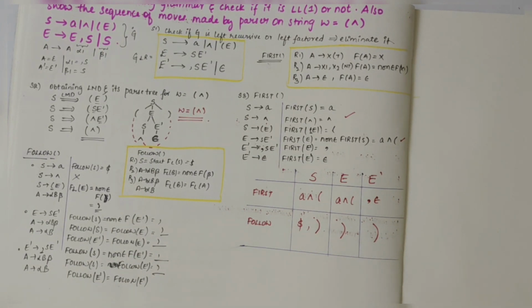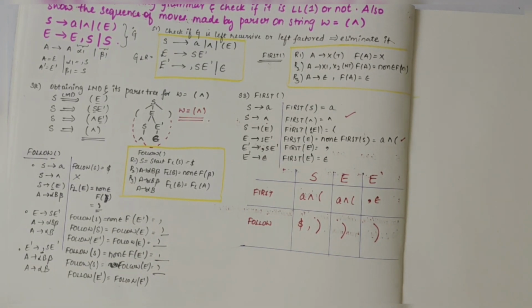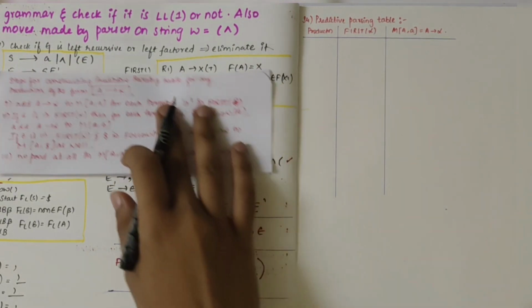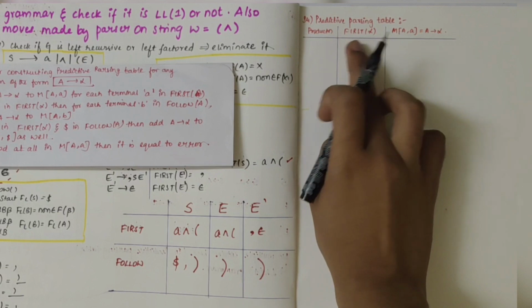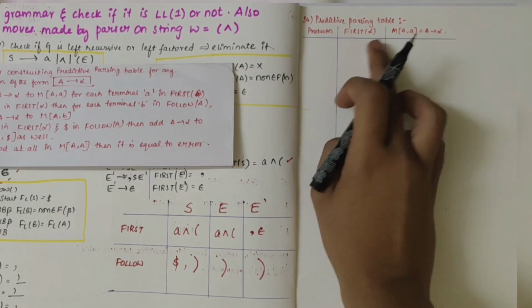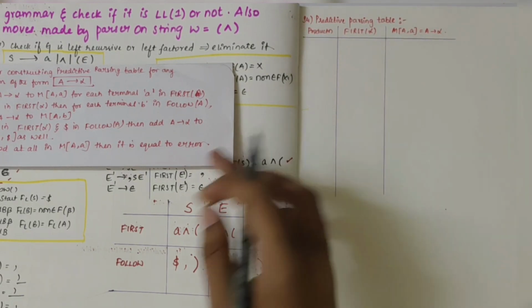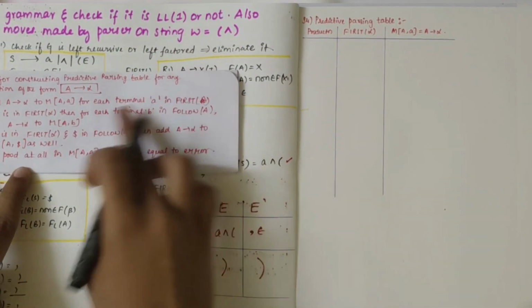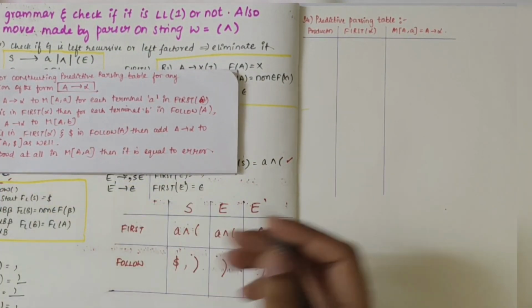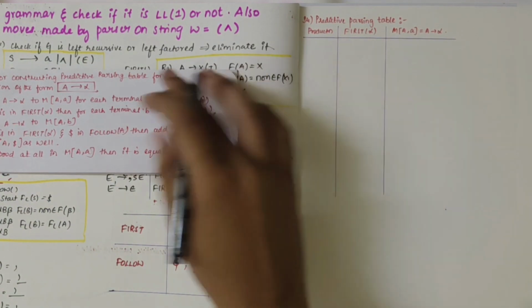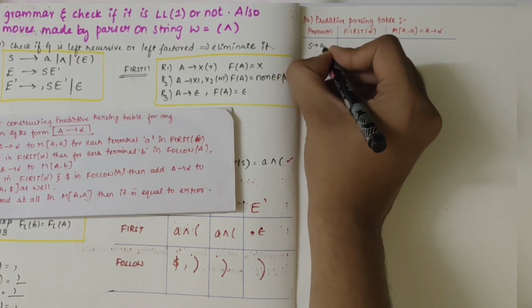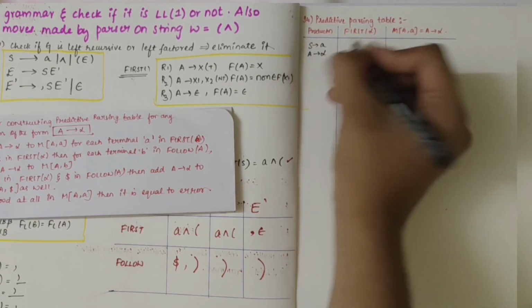Our next step is to obtain the predictive parsing table. So here I have drawn a table. Let's start writing the productions. We'll write the first of alpha values and then the final equation. So here are the steps: step 1, step 2 and step 3. Let's start with the first production, that is S derives a. We'll write S derives a and compare it with A derives alpha.